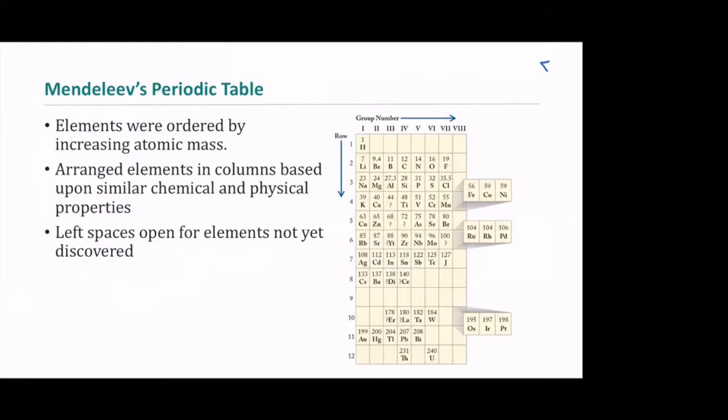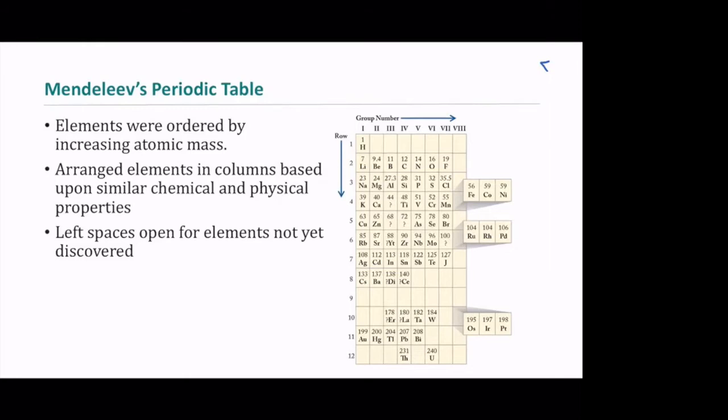And that's how he arranged them. He would put them across from each other in increasing atomic mass, and then when he got to one that was similar to one that he already had, instead of continuing across, he put it underneath that one. His idea was, let's group ones that behave similarly.